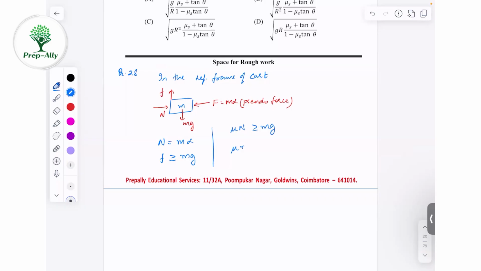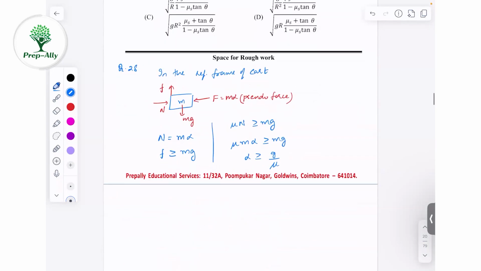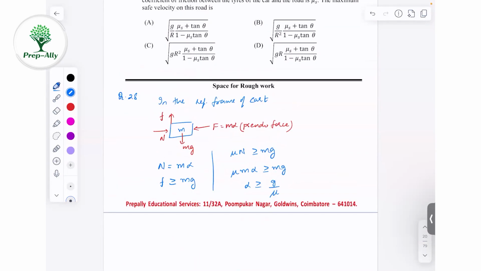But then this normal reaction is m alpha. The m gets cancelled. We're left with alpha greater than or equal to g by mu. That is the inequality. We just applied the concept of pseudo force because the mass m is going to be at rest with respect to the cart.